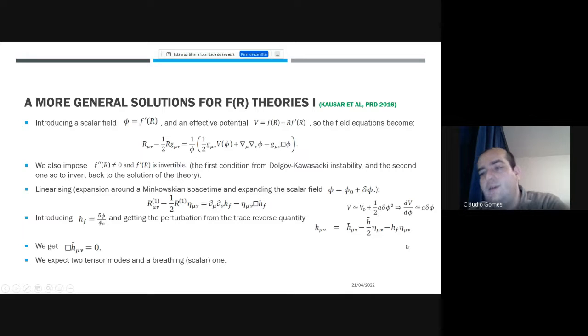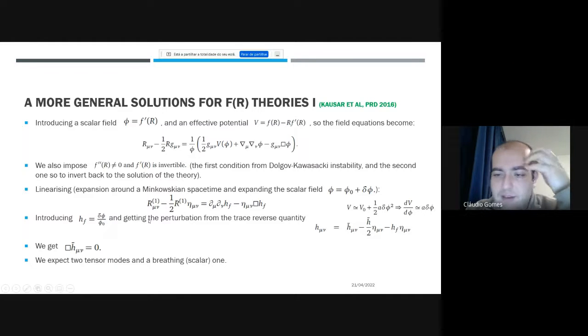We assume that it's usually a kind of harmonic potential, such that we can approximate this in a more stable way. We are looking for stability in these extra terms relative to Einstein theory. And this h_f is a quantity that was introduced: it's the excitation of the scalar field with respect to the background value.